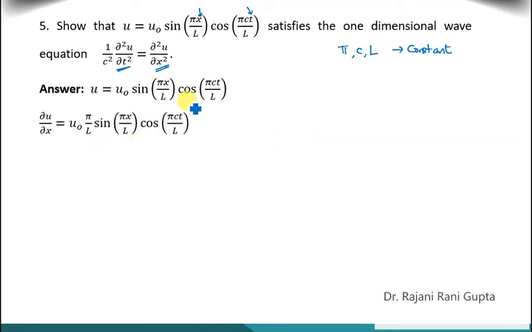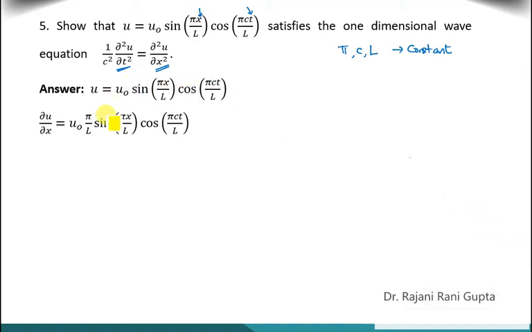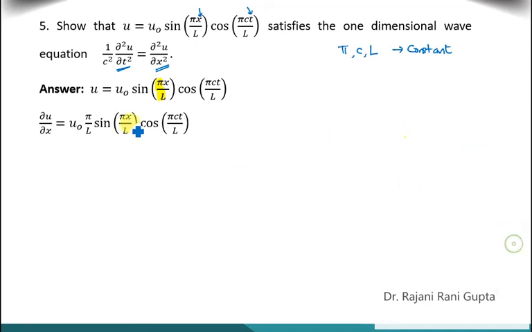When we differentiate with respect to x, what will happen? Derivative of sine multiplied by this one. Just a moment, I should correct it. It should be cosine pi x over l multiplied by the coefficient pi by l, the coefficient of x, because we use the concept that if it is sine ax, its derivative gives you cosine ax times a.